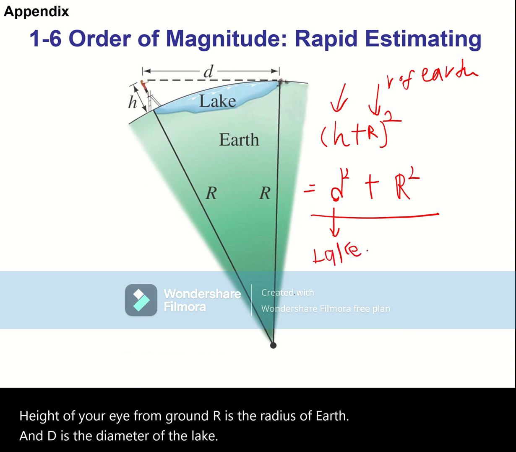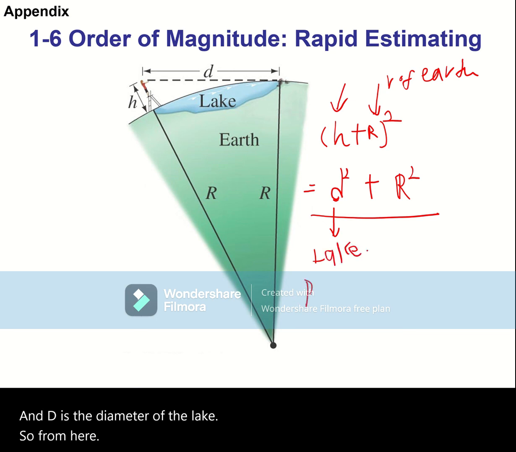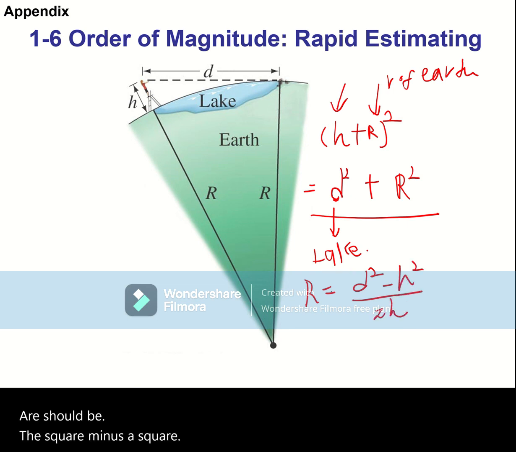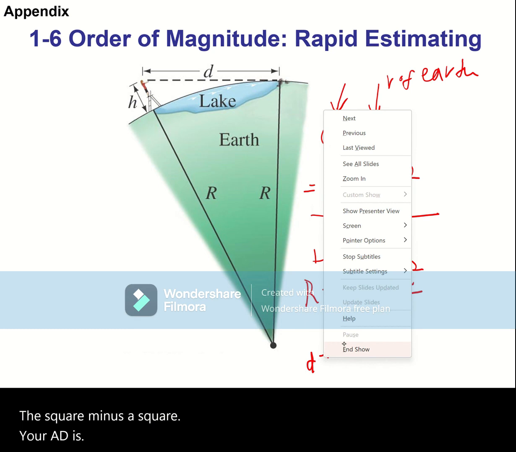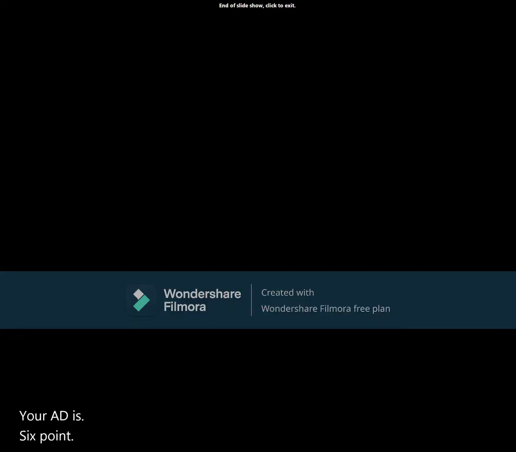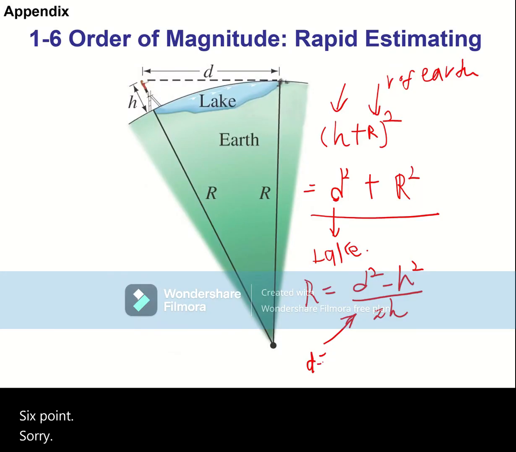So from here, R should be d squared minus h squared over 2h. Here d is 6.1 kilometers, h is 3 meters.